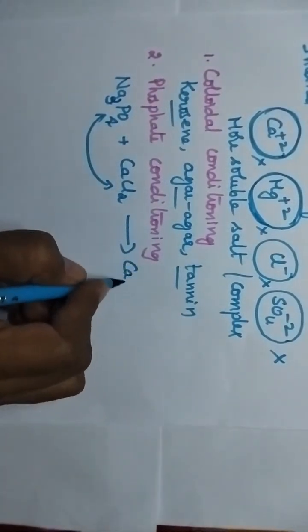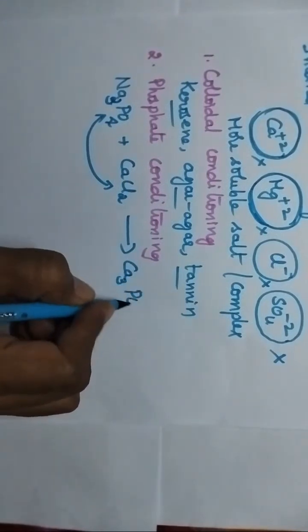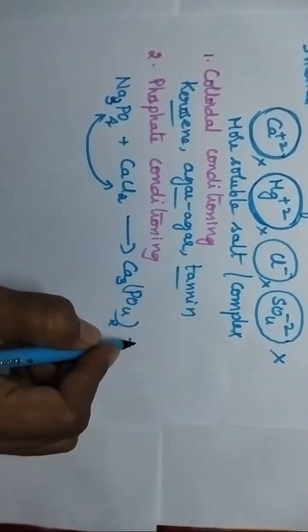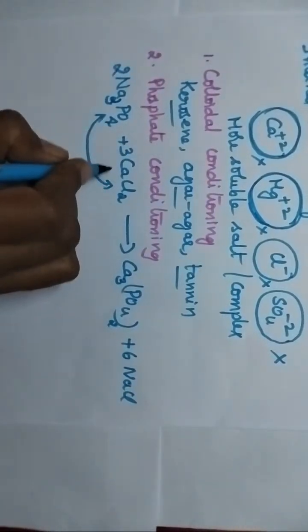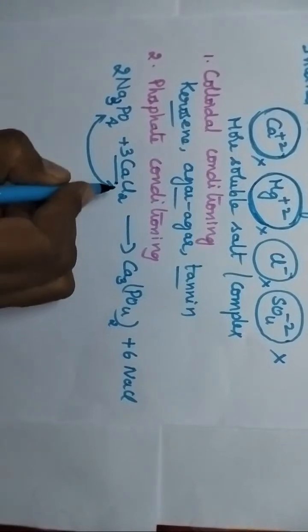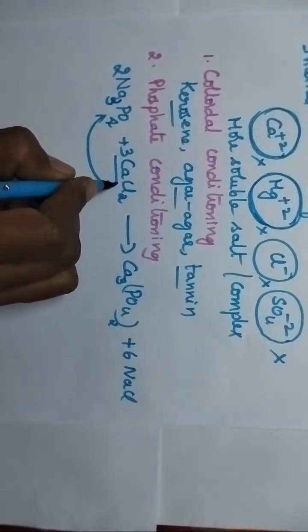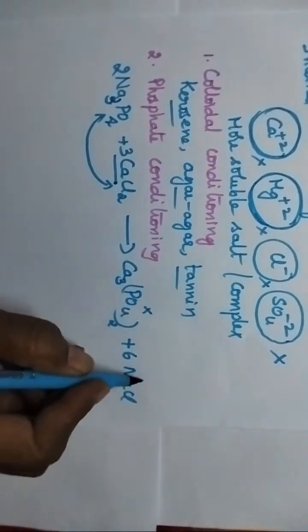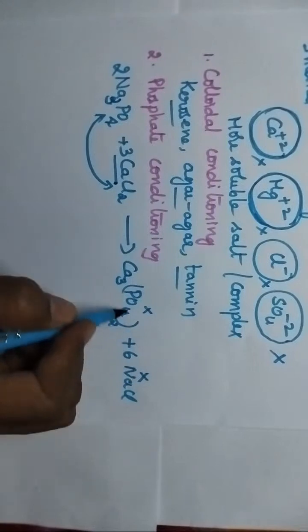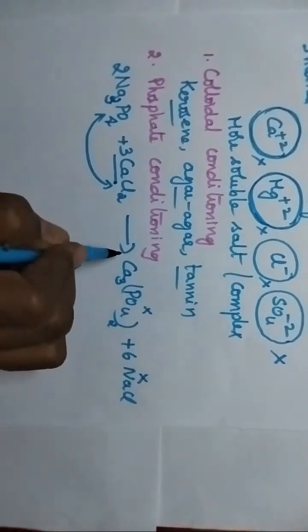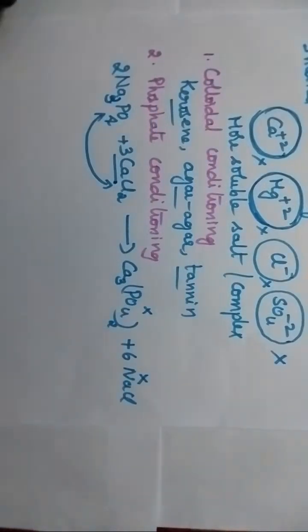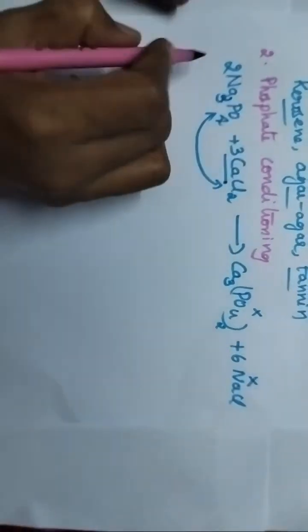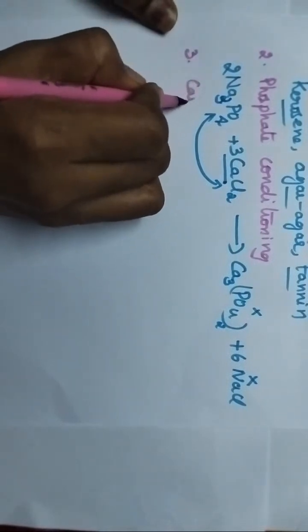With the result, it results in the formation of calcium phosphate and sodium chloride. If calcium chloride is present in the water, it is responsible for the permanent hardness. If that calcium is present as calcium phosphate, chloride as sodium chloride, they are not responsible for the hardness. In that way, the permanent hardness will be removed from the water. Coming to the carbonate conditioning.